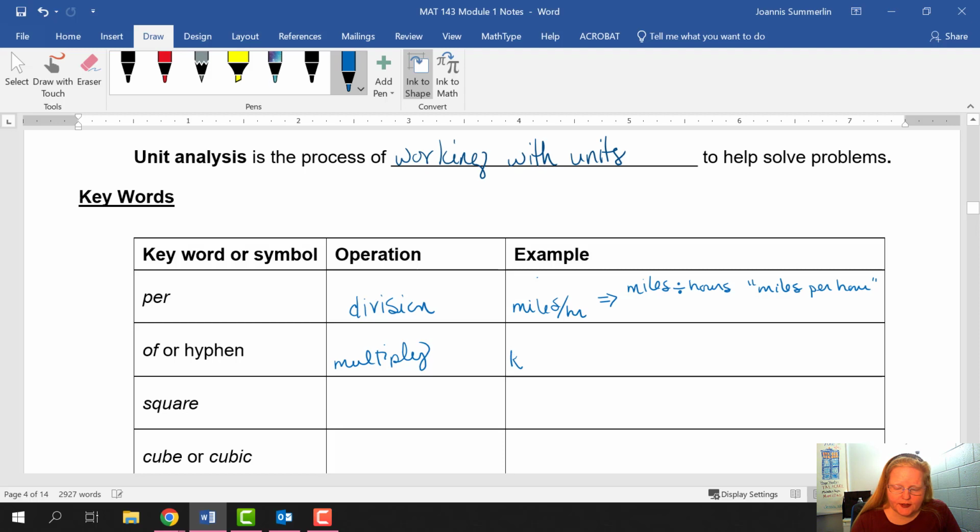So when they say kilowatt hours, that's the same thing as saying kilowatt times hours.